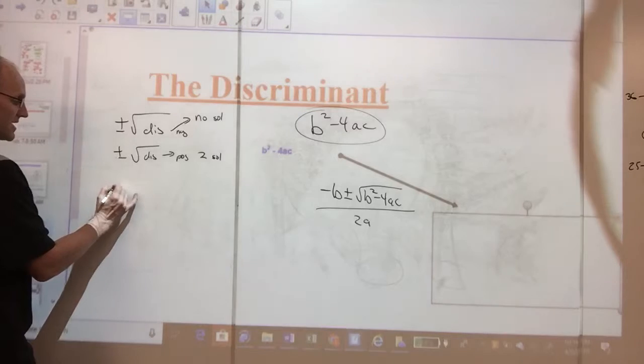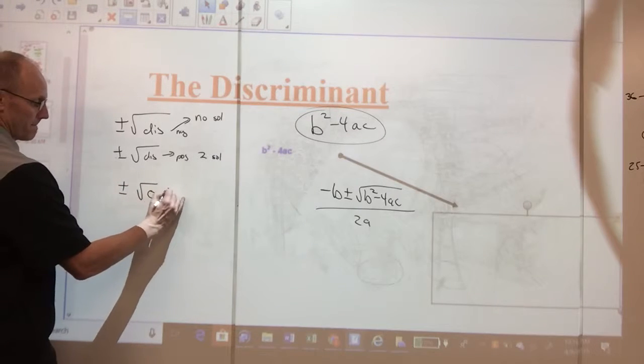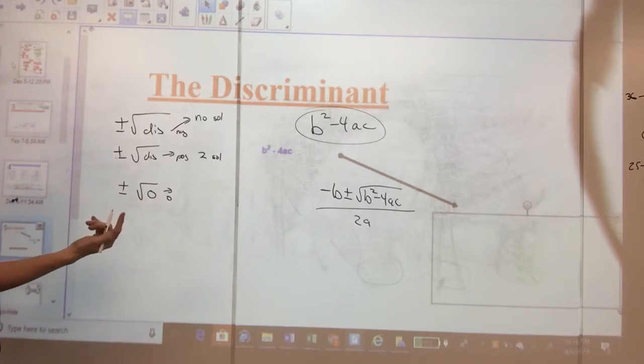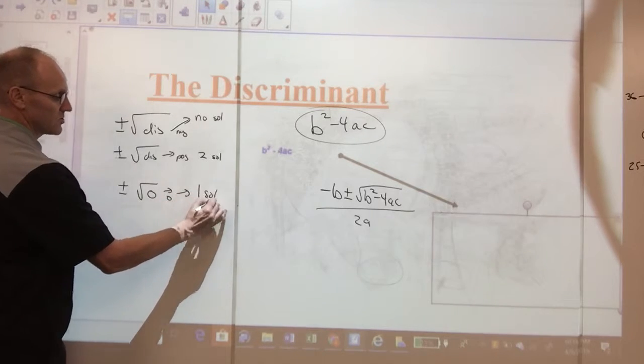And the third option is the discriminant could be 0. Well, the square root of 0 is 0. Whether I add 0 or subtract 0, I'll get the same thing, so that would give me one solution.